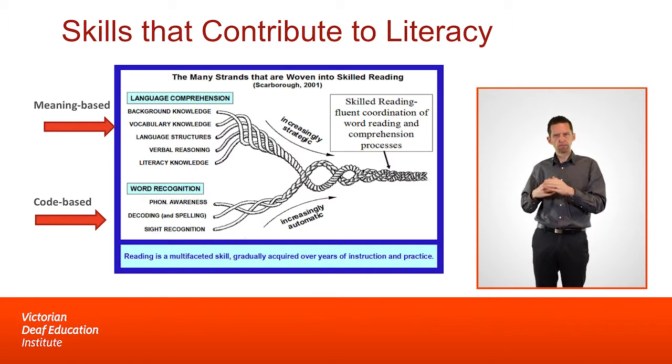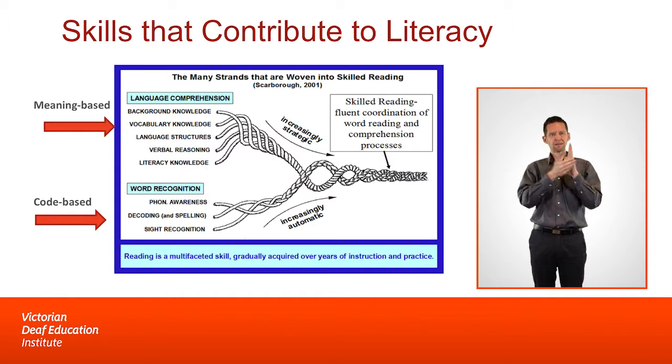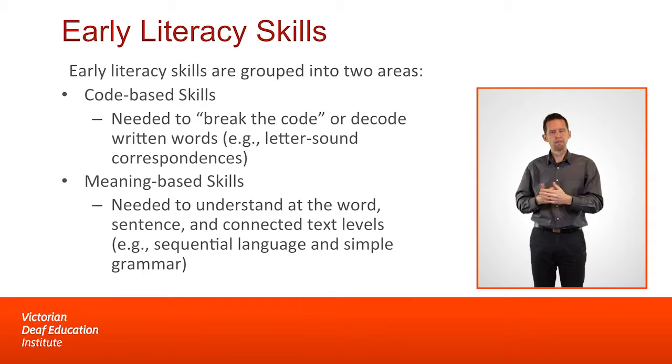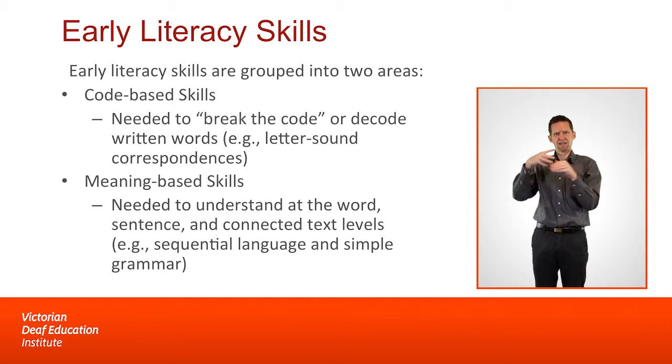And for the word recognition artery, we're talking about code-based skills. So phonological awareness, decoding, sight word recognition, and you really need to balance and have skills from both of these arteries if you're going to move children towards proficient literacy. And so Foundations for Literacy really takes this into account.